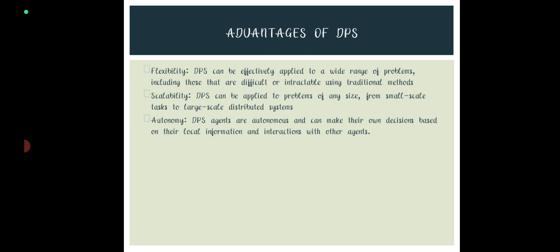Distributed problem solving can be applied to problems of any size, from small scale to large scale distributed systems. Autonomy. DPS agents are autonomous. This is a very important point. DPS agents are autonomous and can make their own decisions based on their local information and interactions with the other agents. This is an example of a self-driving car.